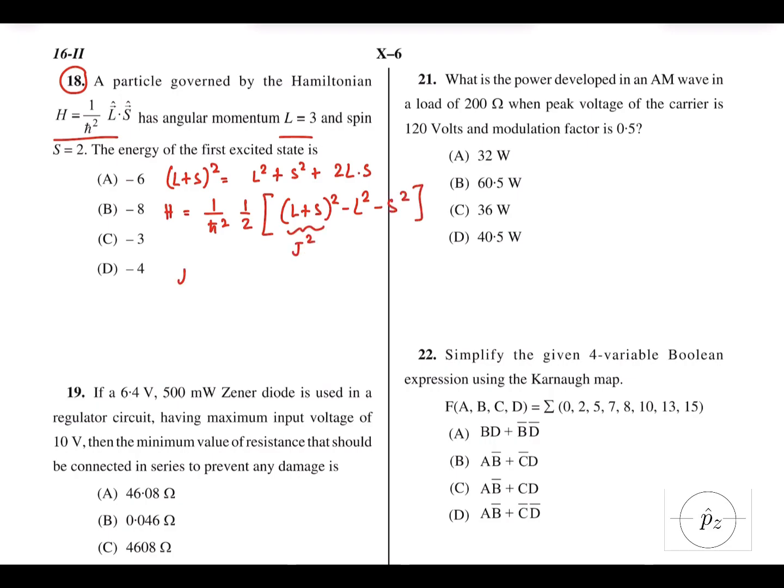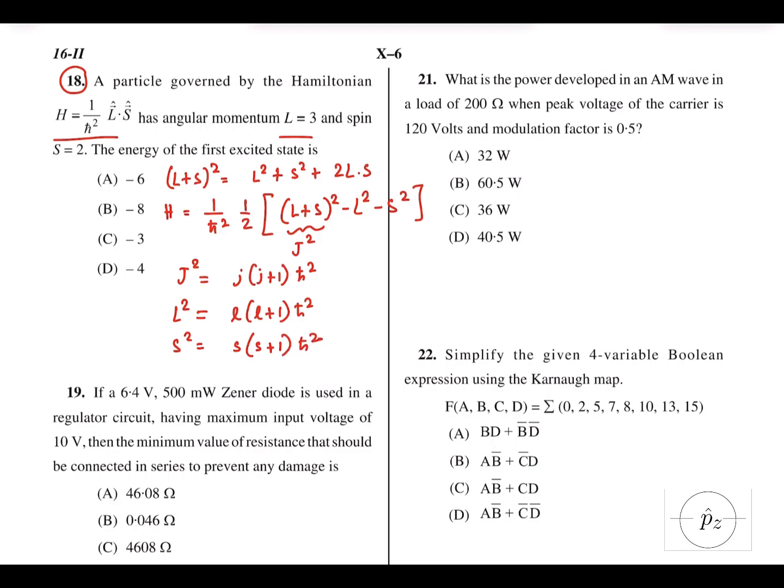The eigenvalues for J squared operator is J into J plus 1 h bar square. Similarly, L square has the eigenvalue L times L plus 1 h bar square, and S square has the eigenvalue S times S plus 1 h bar squared.